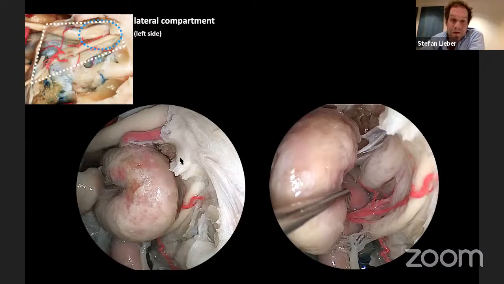So this is the space of the superior orbital fissure, which is just a free space between the cavernous sinus, lateral sellar compartment, superior orbital fissure, and orbital apex.